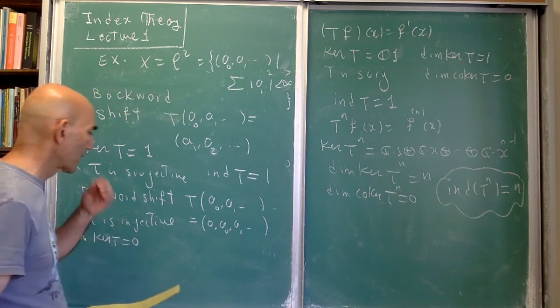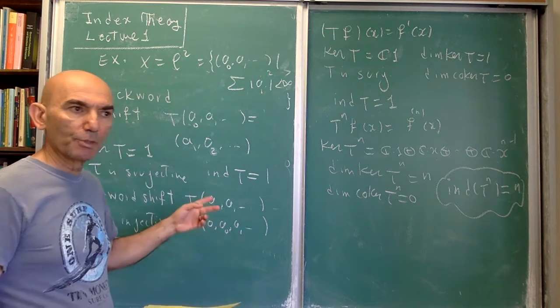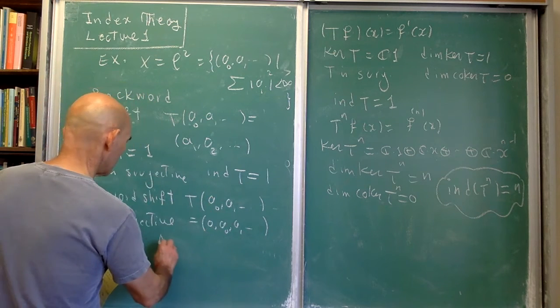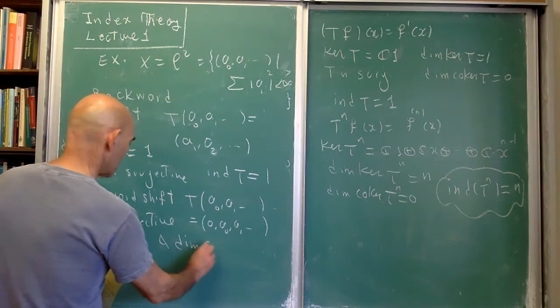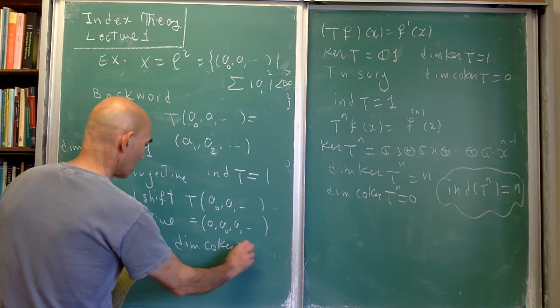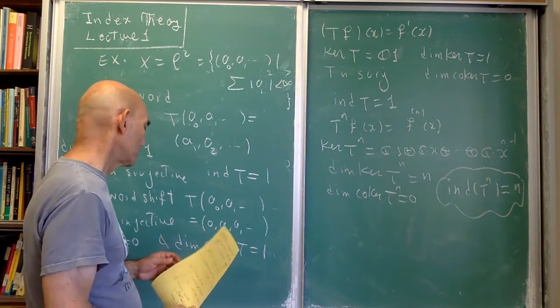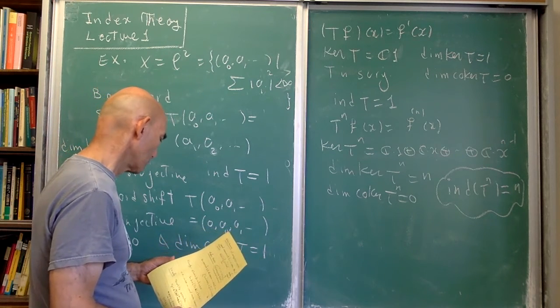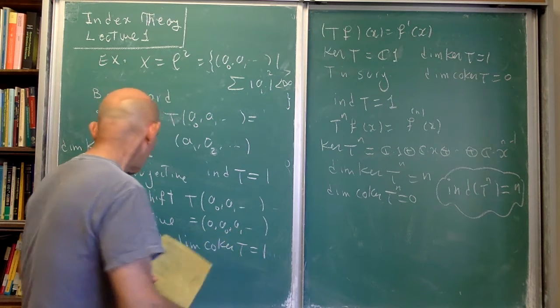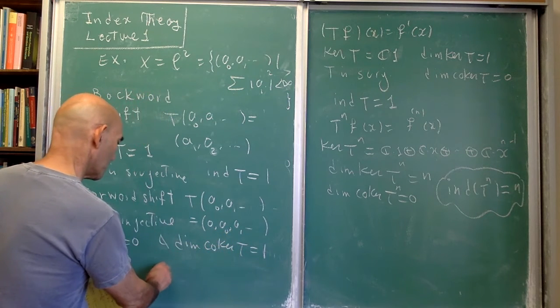But then in this case, the dimension of the cokernel is going to be 1. Okay. So of course, then the index is going to be -1.